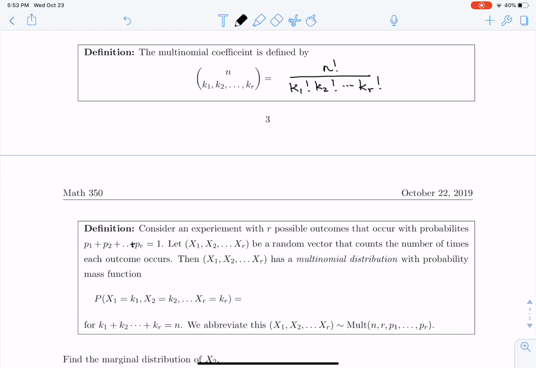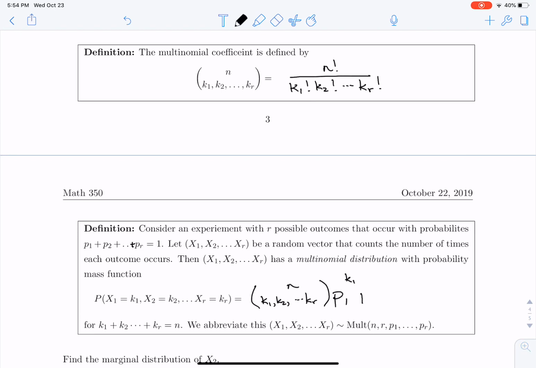Then x1, x2 through xr has what we call a multinomial distribution, and its probability mass function is the multinomial coefficient n choose k1, k2 through kr, times p1 to the k1, so that's the probability of success being p1, and we're going to have k1 successes.